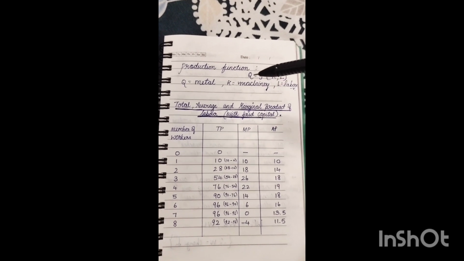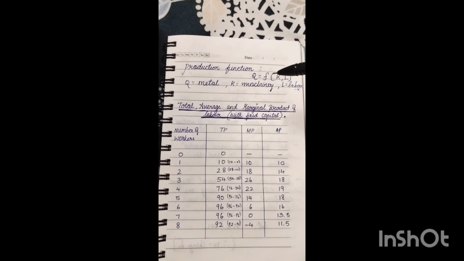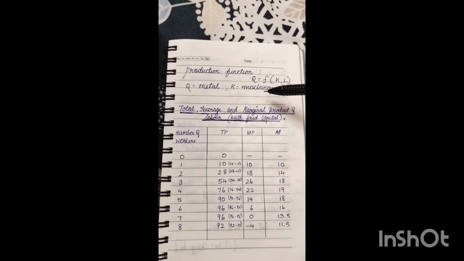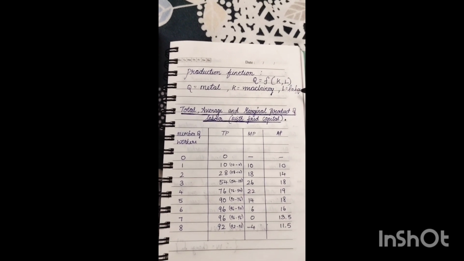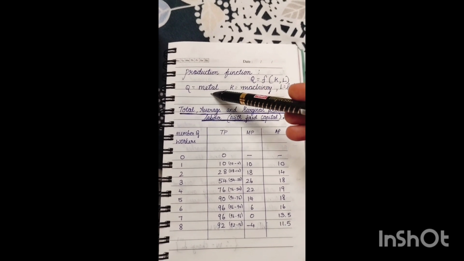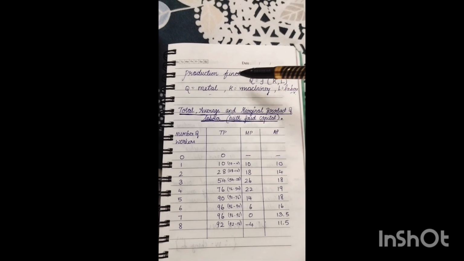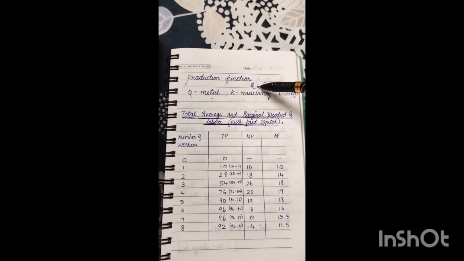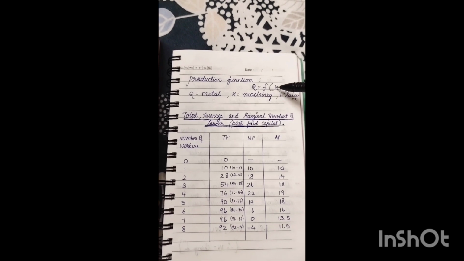So here we will see the production function, that is q is equal to function of capital and labor. So as I said, we take fixed quantity as machinery tool and variable quantity as labor. So with help of these two inputs, we get an output called metal. So that is the maximum quantity of output that can be received with the function of capital and labor.